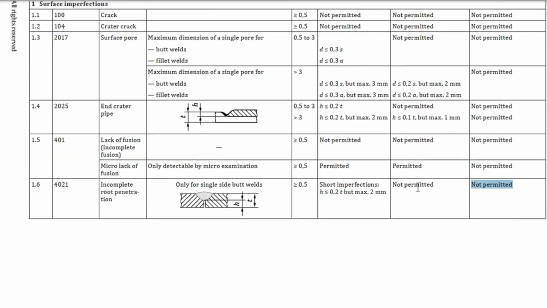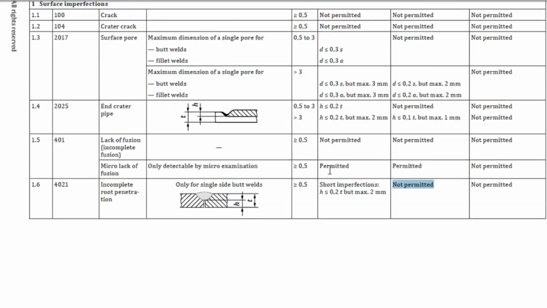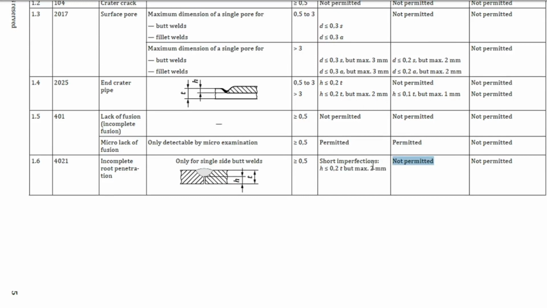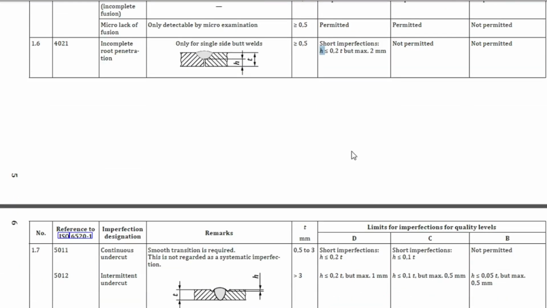Quality level C is also not permitted. But if we follow quality level D, it is permitted, as a short imperfection with height less than or equal to 0.2 t, but maximum 2 mm. So the height can be less than or equal to 0.2 t, meaning thickness, but cannot be more than 2 mm. This is the maximum value.